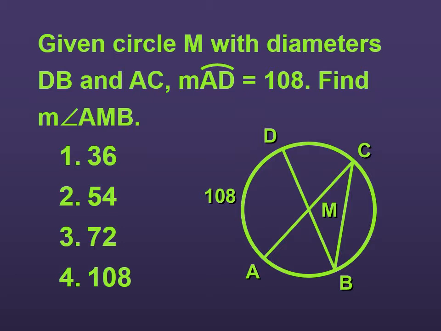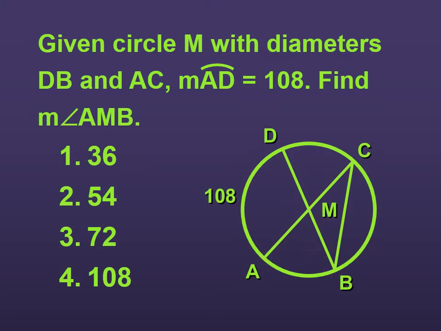So the question says, given circle M and diameters DB and AC, and that the measure of arc AD is 108, find the measure of angle AMB. So we're looking for AMB.